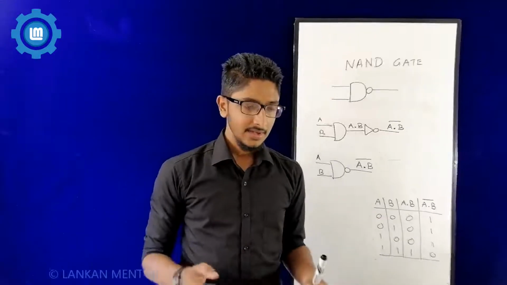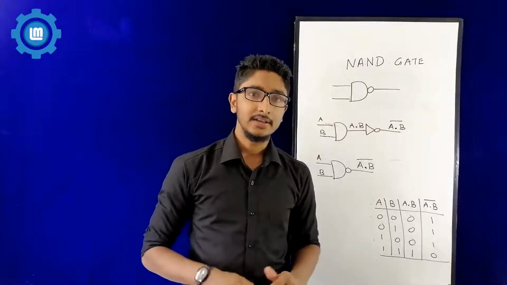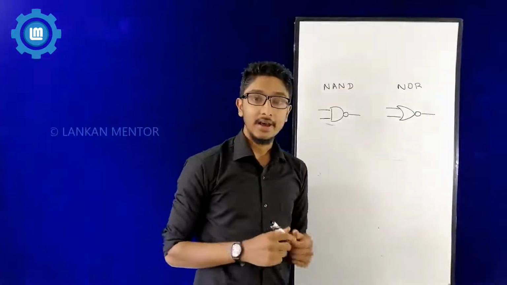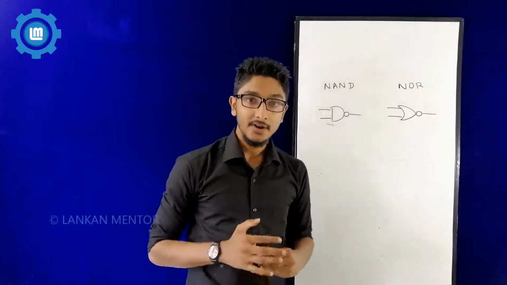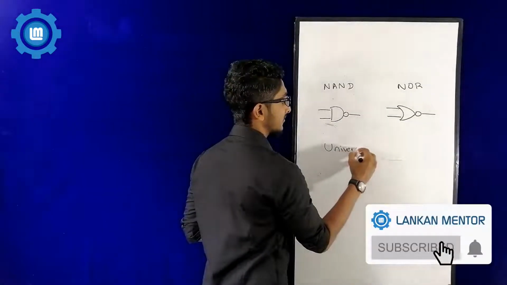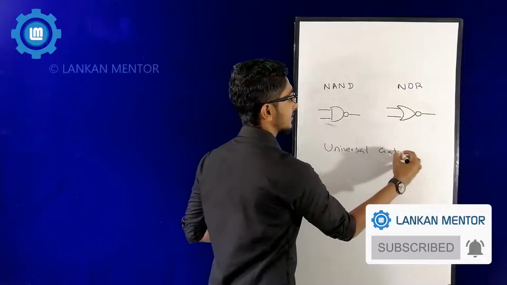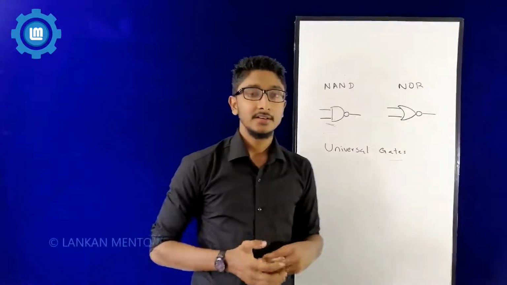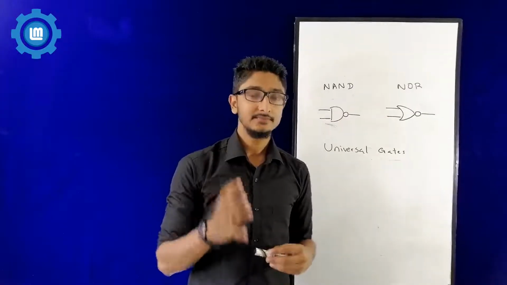Another important thing I have to tell you: the NOR gate and NAND gate are also called universal gates. Now I don't think this is in your syllabus, but try to remember it as a fact.